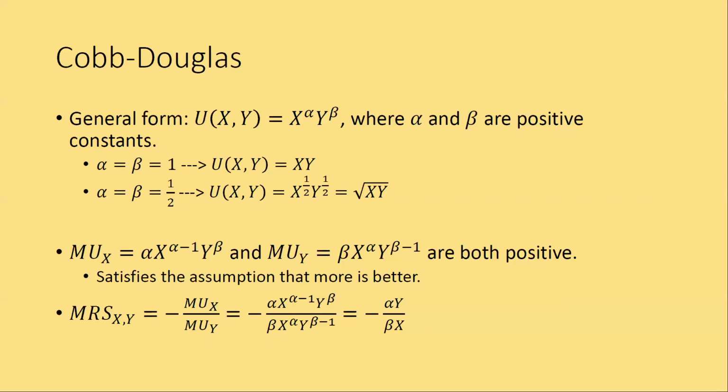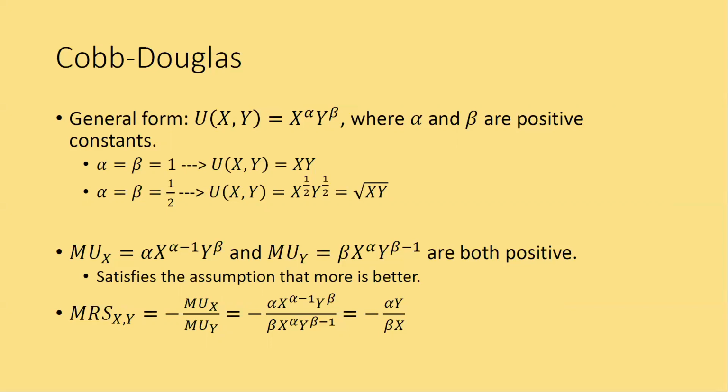I'm not discussing this in detail here. I skipped many steps. If you have problems with how we derive those two expressions, make sure you come to my office hour and ask me, and I can go through that with you. Both of the marginal utilities are positive, so it satisfies the assumption that more is better.